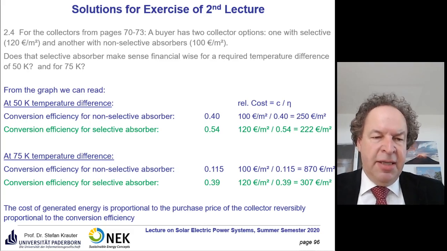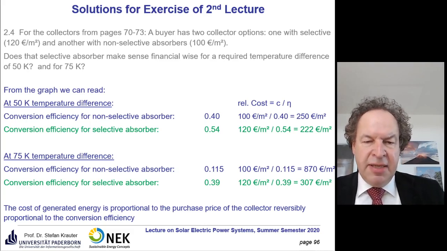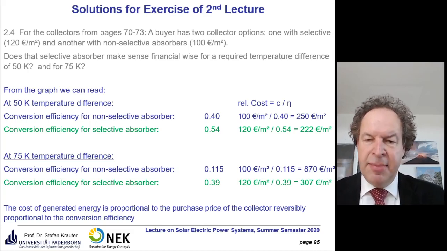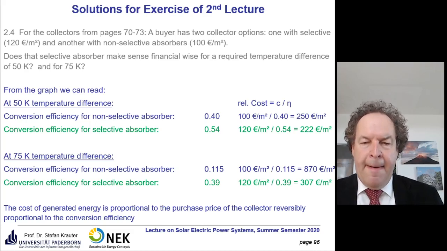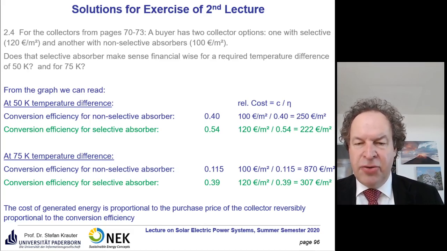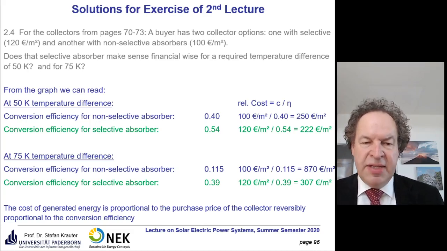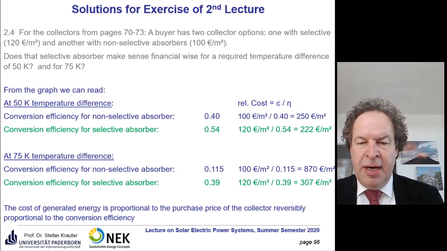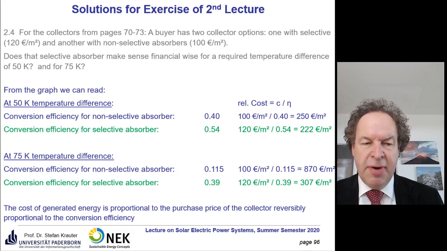So we take a look. From the graph we can read that the relative cost is the cost per square meter divided by the conversion efficiency. We have about 250 euro for the non-selective collector at 50 Kelvin, while for the selective absorber the required area is less, and also the costs are less, 222 euro per square meter.